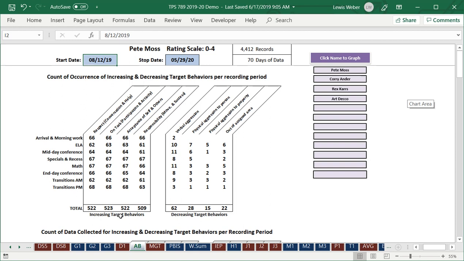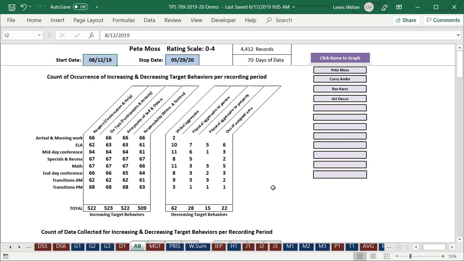Now for that, we tend not to be so interested in the increasing targets because we expect those to be high, and we had 70 days of data. So that means that these are going to be roughly approximating 70, because we expect a non-zero value in most of the recording blocks, and this recording block occurs once a day. So if there were 70 days, these are going to get close to 70.